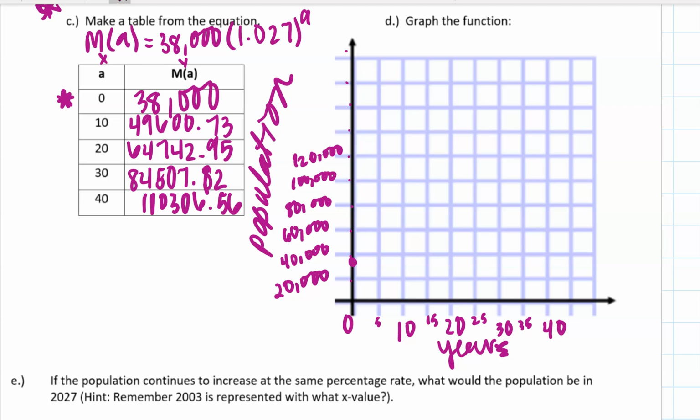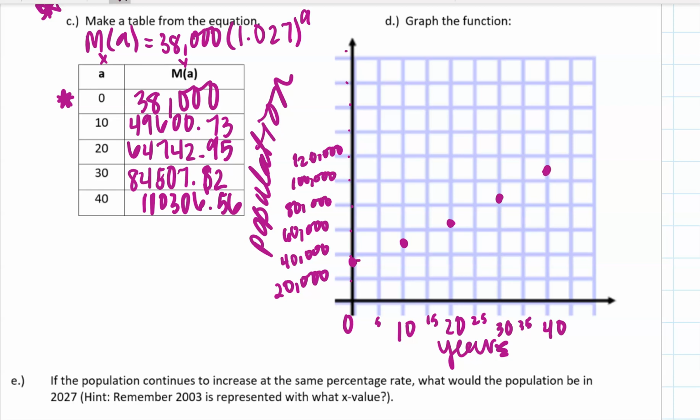Then 10 is about halfway between 40 and 60, at 49,600. 20 is at about 64,000, so it's a little closer to 60 because we're going up by 20,000. 84,000 is our next one for year 30. Same idea. And then year 40 is just over 110,000, so it's about in the middle.